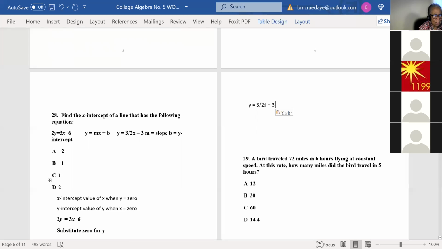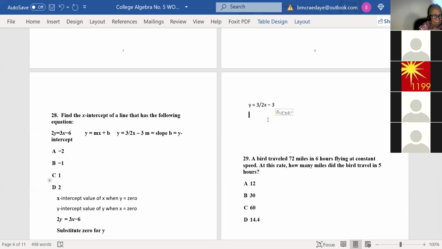Wait a minute now. What did you say? You said x is 0, which is equal to 3 over 2 minus 3? No, 2 times 0 is 0. Did you say you substituted 0 for x? Yeah, I said x is equal to 0, which is equal to 3 over 2 minus 3.